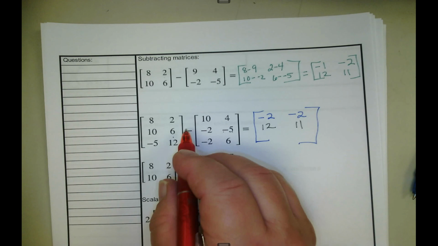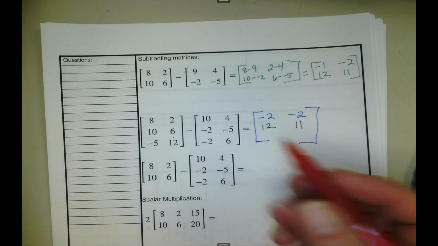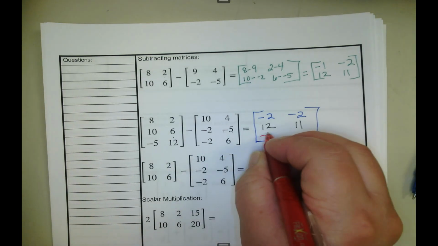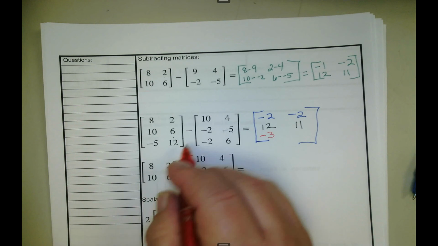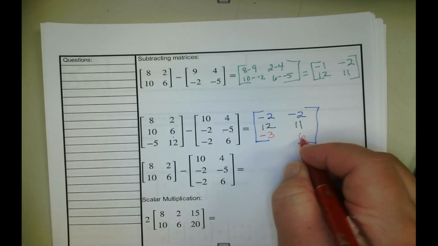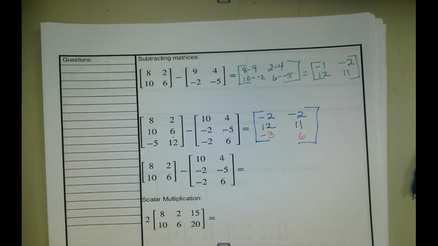Negative 5 minus negative 2. Negative 5 plus 2 is negative 3. 12 minus 6 is 6. And that is your new matrix.